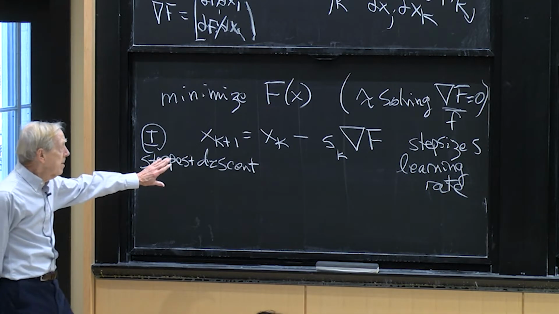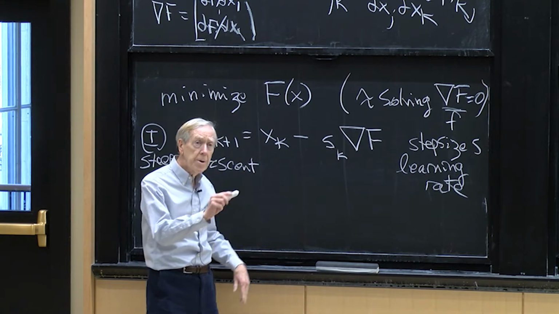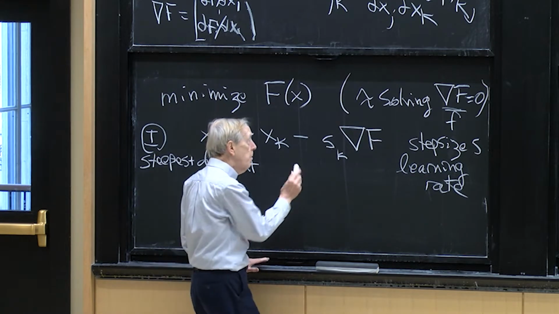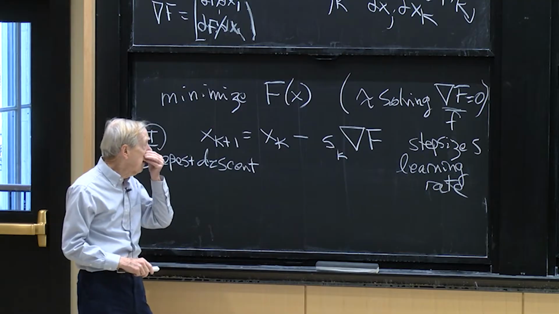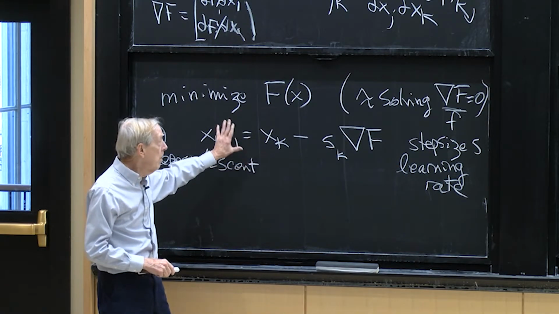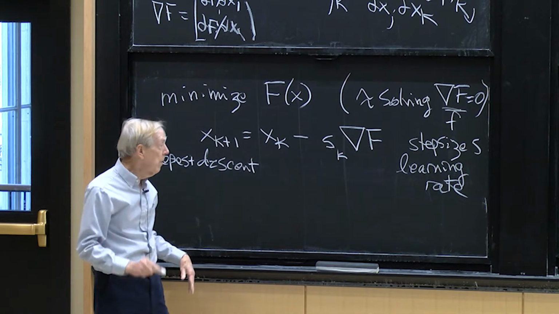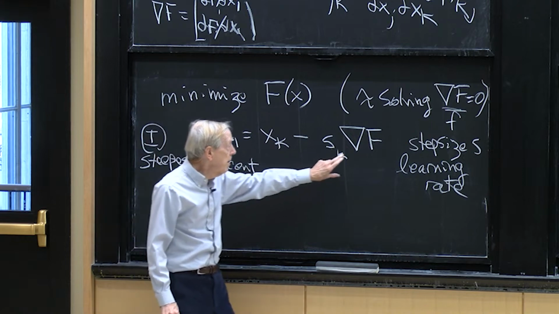And it's natural to choose s_k. We're going along. Do you see what this right-hand side looks like? I'm at a point in n dimensions. We have functions of n variables. There's a vector.